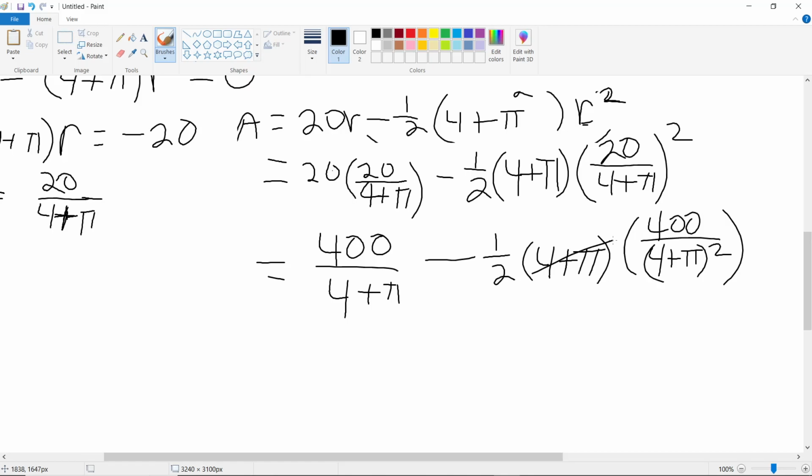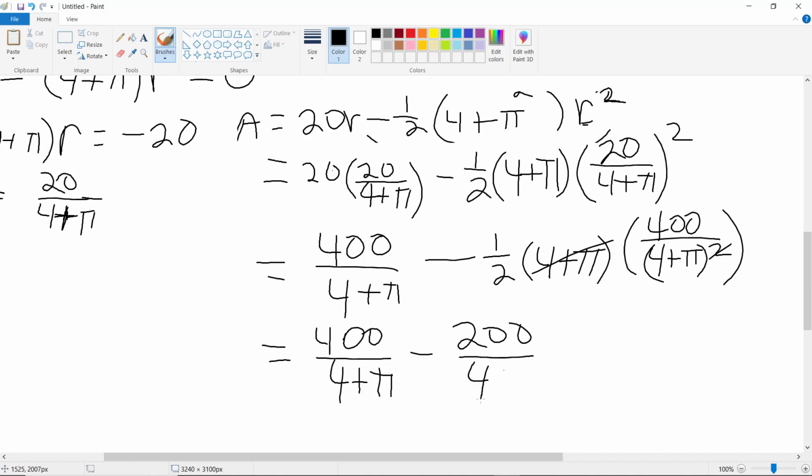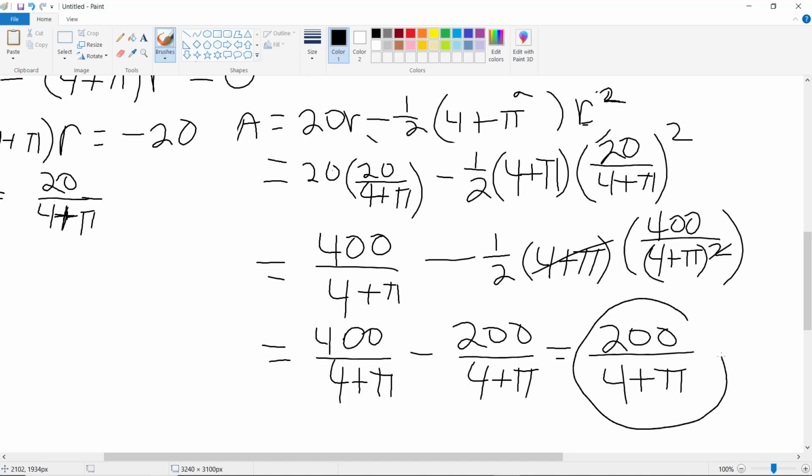The 4 plus pi cancels with one power of the 4 plus pi there. 1/2 of 400 is 200. So 400 over 4 plus pi minus 200 over 4 plus pi equals 200 over 4 plus pi. That's the answer, 200 over 4 plus pi.